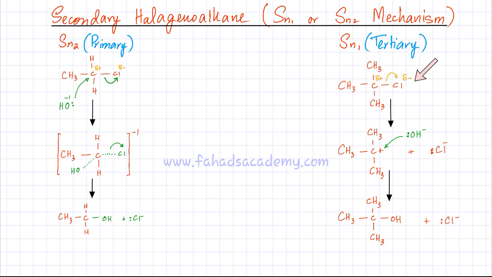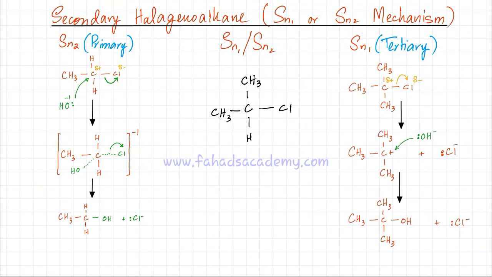The Cl gets knocked out on its own, and when it gets knocked out, the carbon loses its electrons. If the bond breaks, it's going to be a heterolytic bond fission, and the Cl⁻ ion is going to take away the electrons in the bond because it's highly electronegative. So carbon has a positive charge, and in this next step, this OH⁻ would be able to fit in. Now we're going to discuss what would happen with secondary halogenoalkanes.